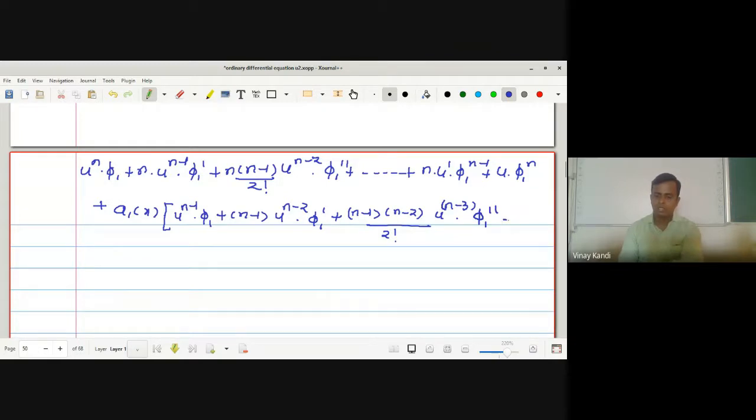Okay, plus up to so on, plus n minus 1 into u1 u raised to 1 into phi raised to n minus 2, plus u into phi raised to n minus 1. Okay, this is your second term by the Leibniz rule.